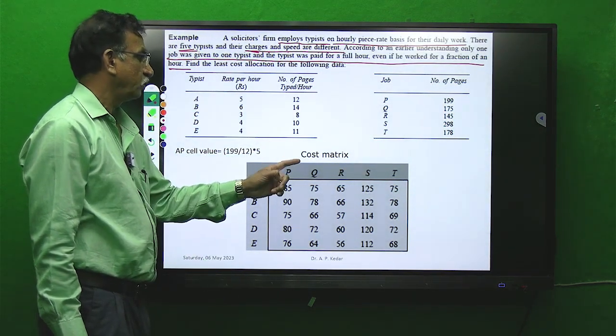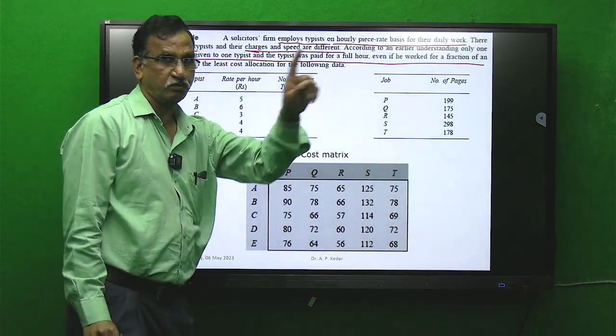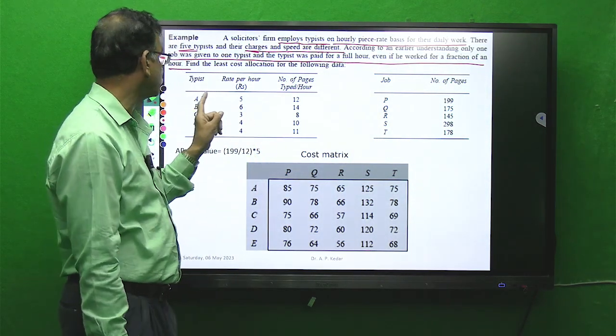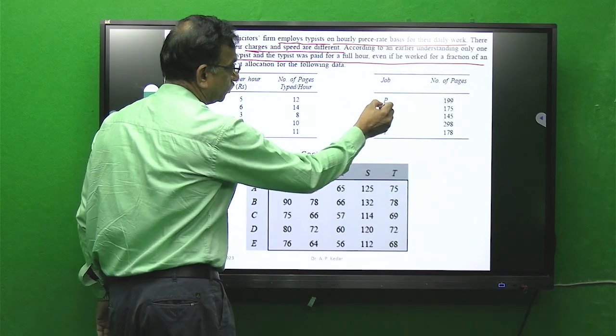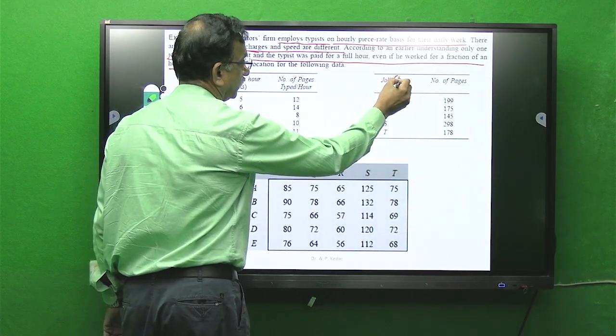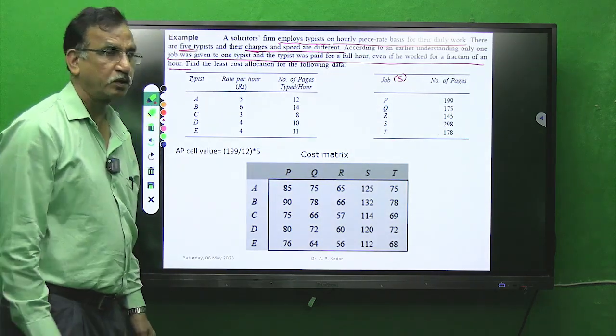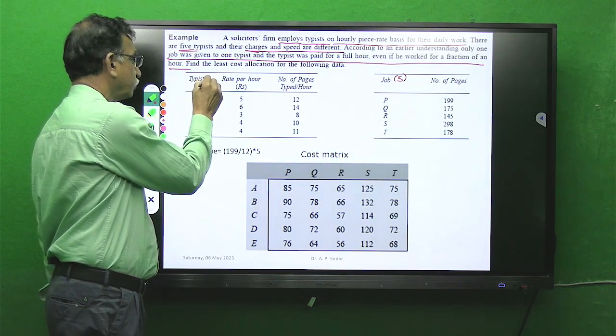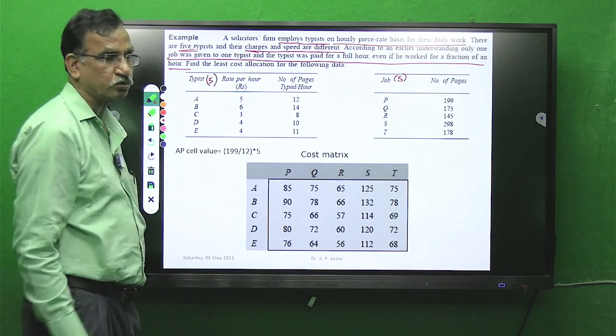So the condition is that each typist will get only one job. How many jobs are there? 1, 2, 3, 4, 5. Total jobs available are 5. How many typists? 1, 2, 3, 4, 5. So the number of typists available is also 5.